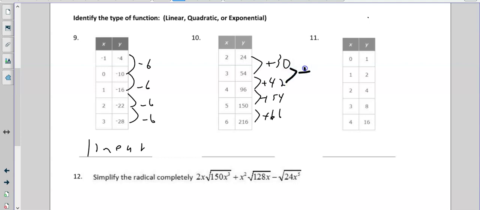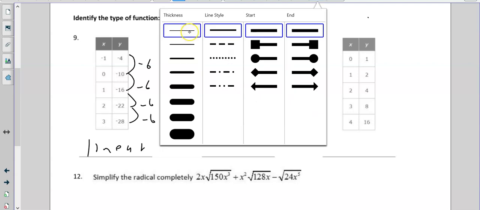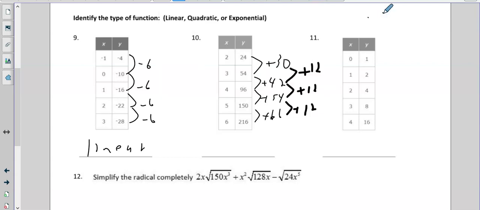So from here to here, we're adding 12. Here to here, we're adding 12. And here to here, we're adding 12. So at this point, when the second level is constant, just like this one was constant, all minus 6, when this one on the second level is positive 12, or just plus the same number or minus the same number, we know we have a quadratic.